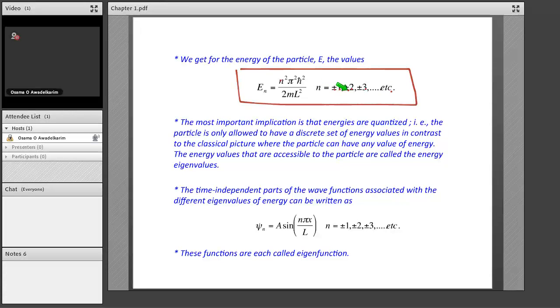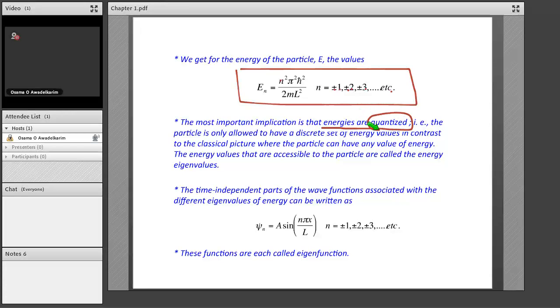But the very important thing is the electron can have separate energies depending on n equals 1, 2, 3. So what we're talking about here is that energies are quantized from quantum mechanics.